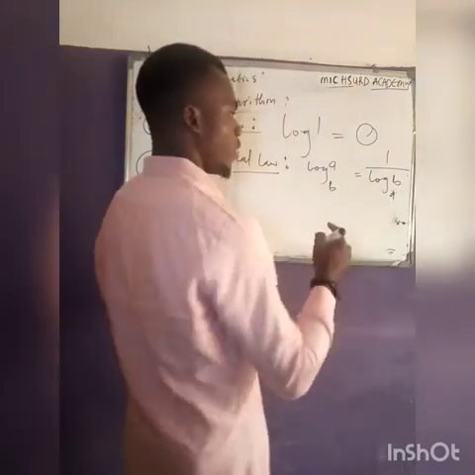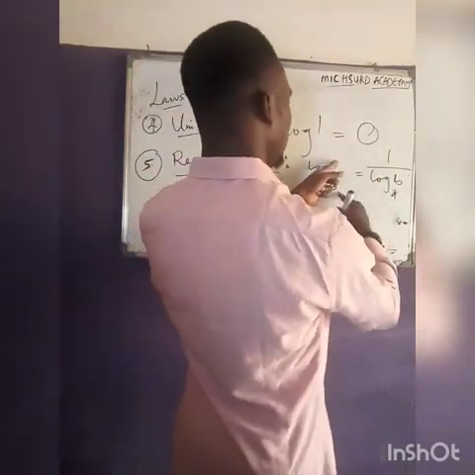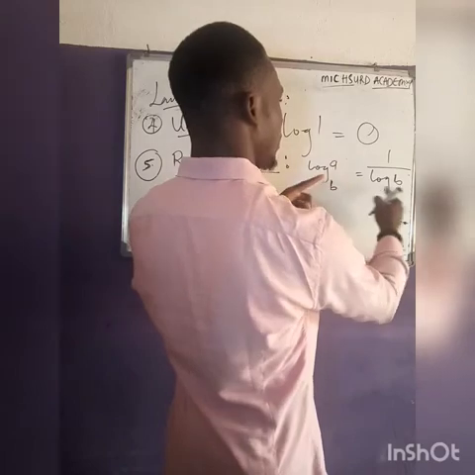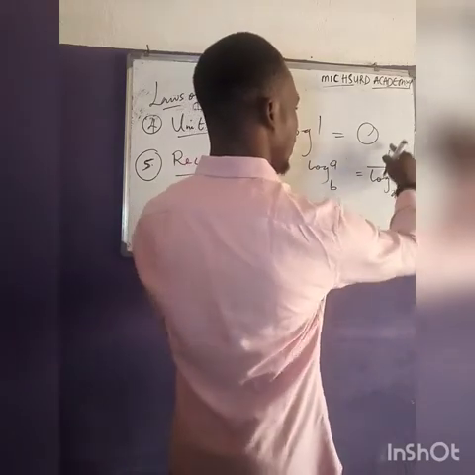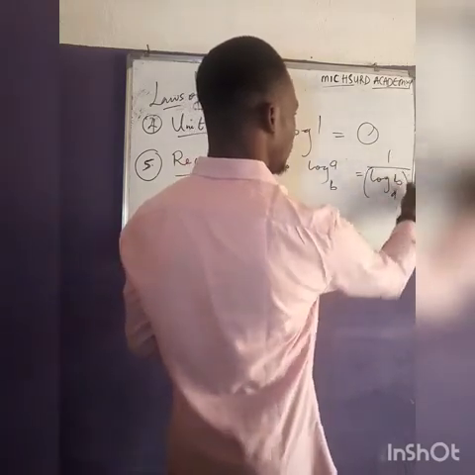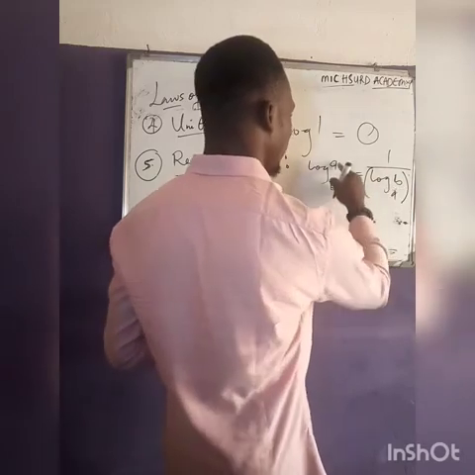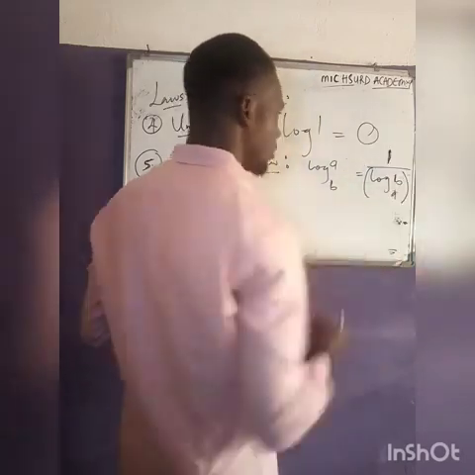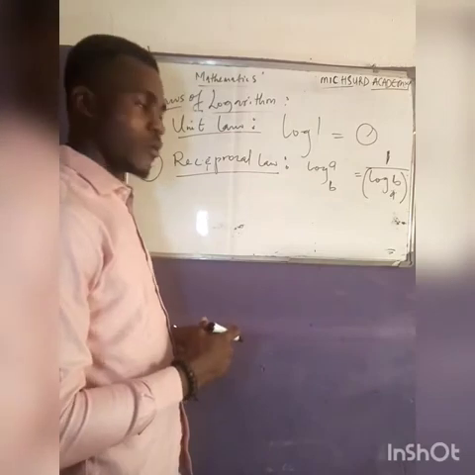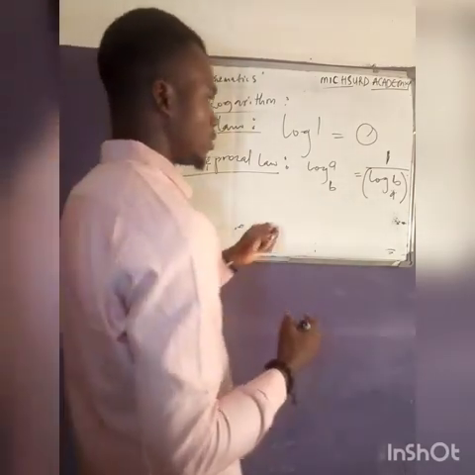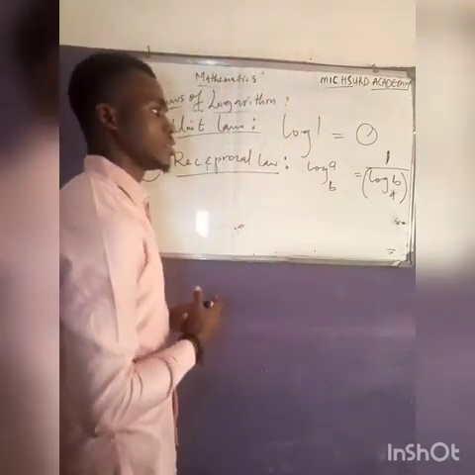A. So what we have done here is that we interchange this A and the base B here, then we write the 1 all over. So it becomes a denominator while the numerator here is 1. I hope you get that. So you can change the base with that method.